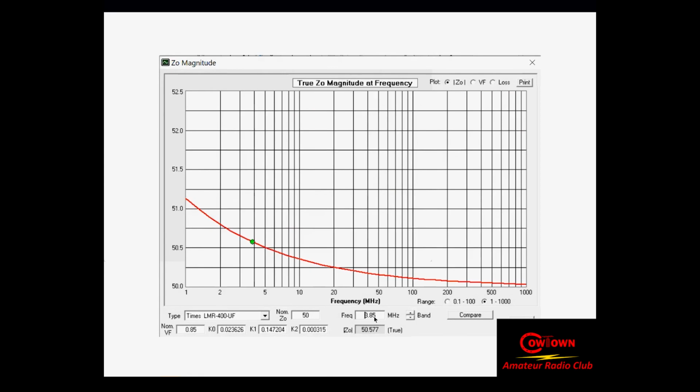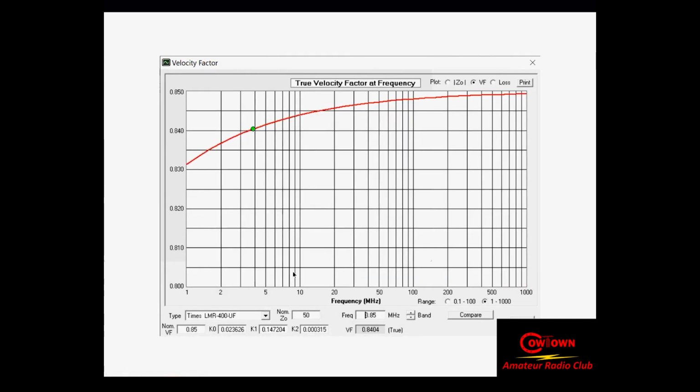Here's his changing characteristic impedance based on frequency, and notice it changes somewhat more than the window line does. And here's the true velocity factor at frequency.